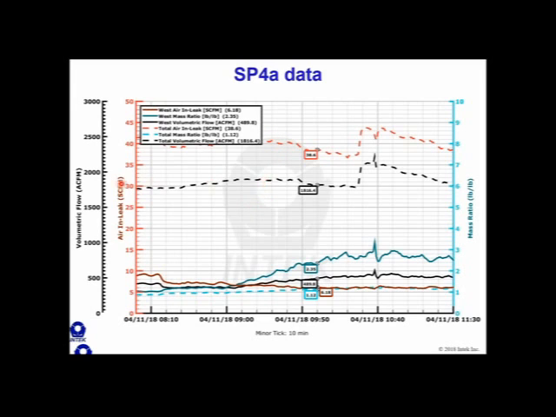Black is the total flow rate in cubic feet per minute of that east side probe. The mass ratio, which we really haven't talked about yet, you can kind of ignore for now, is down here in the teal, the light and dark teal. And then the west side probe has its air in-leakage shown in dark red down here, and the west side probe has its total flow rate shown here in black. So we can see a difference.